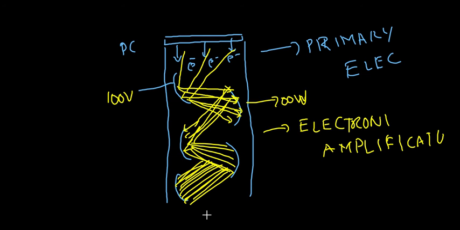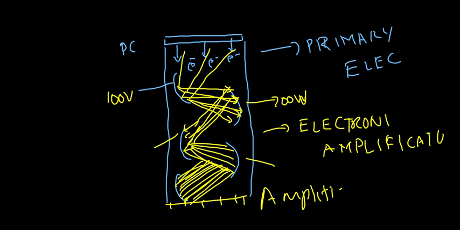So by using potential in increasing order, we are amplifying the electron rate. Multiple photoelectrons are being produced, so when it reaches your output stage, the output is very much amplified. It is an amplified signal.